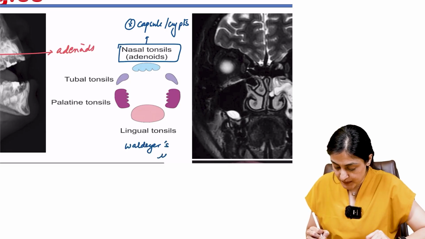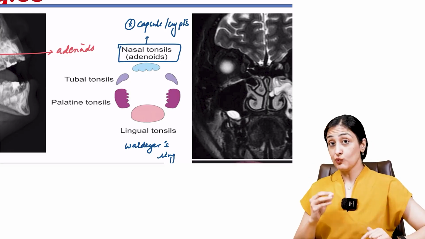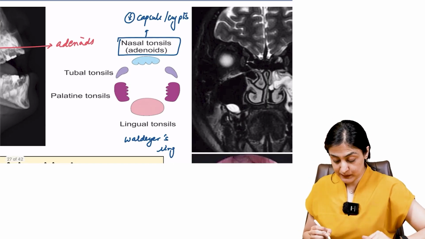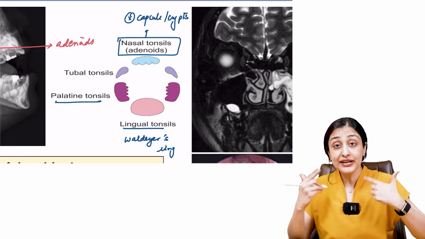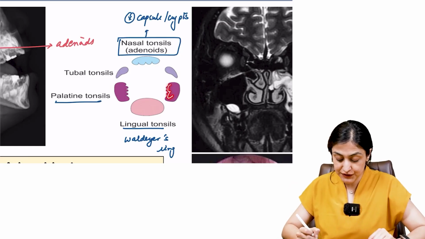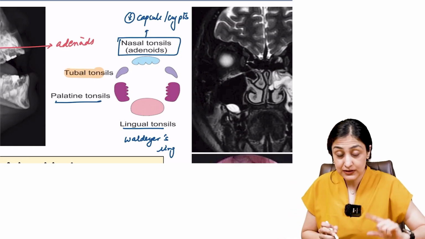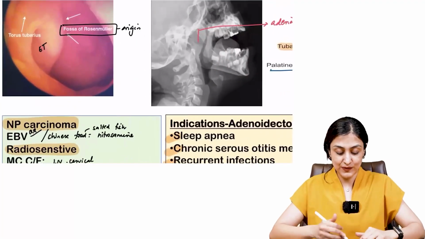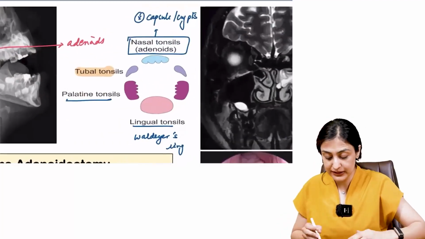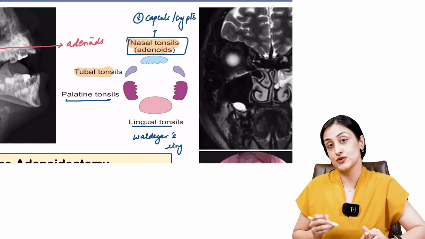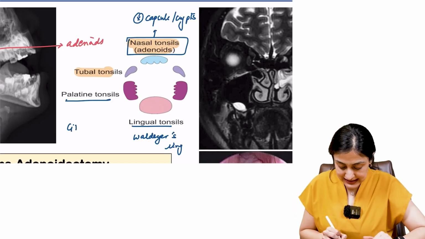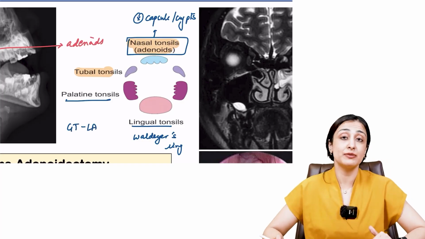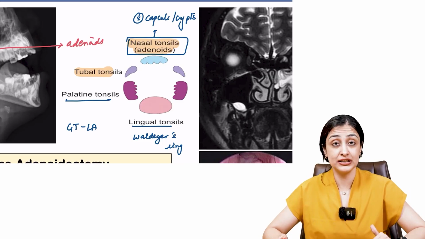So what forms the Waldeyer's ring? It is formed by the lingual tonsils, base of tongue, and palatine tonsils. You can see the crypts here. The tubal tonsil, what we saw, right? This is where you will have the tubal tonsil, tubal lymph nodes, and the nasal tonsils, which are the adenoids. Here you can remember GT in LA. You know how in biochemistry we learned high court in LA?